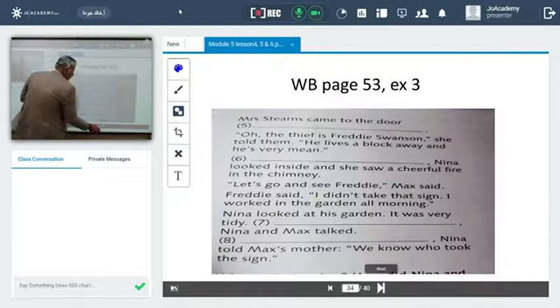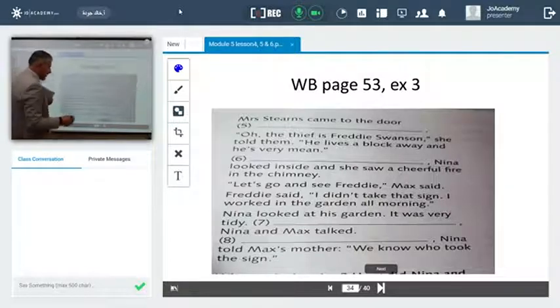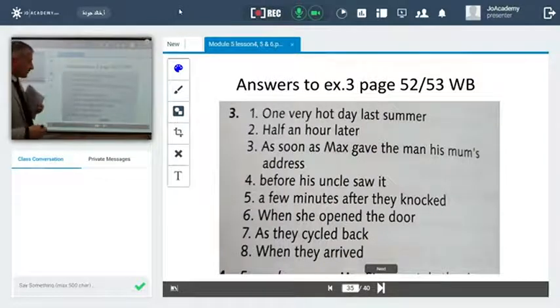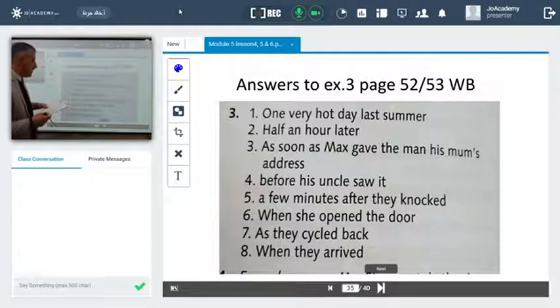Here also on page 53 we have the completion of the exercise. We have around eight gaps. We have to fill the 8 gaps. Here I gave you the answers. Number 1, one very hot day last summer. This is solved actually. The second one, half an hour later. This is number 4 in the box.